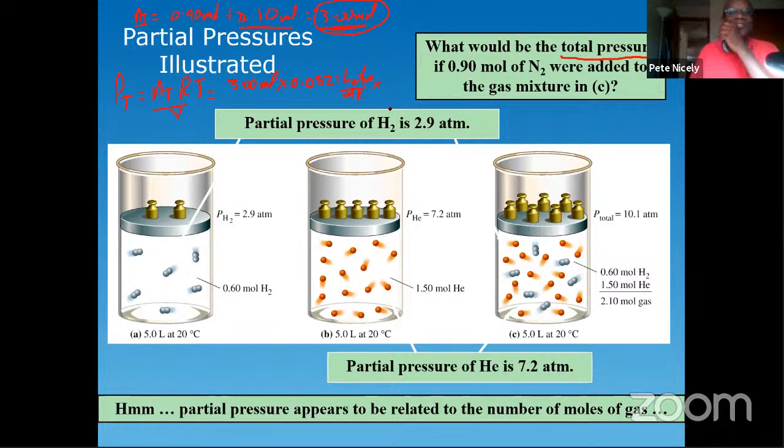20 degrees. So you have to add 273 to 20, so that's 293 Kelvin, divided by the volume, and the volume is 5.0 liters. All right? So let me get my cheap calculator here.